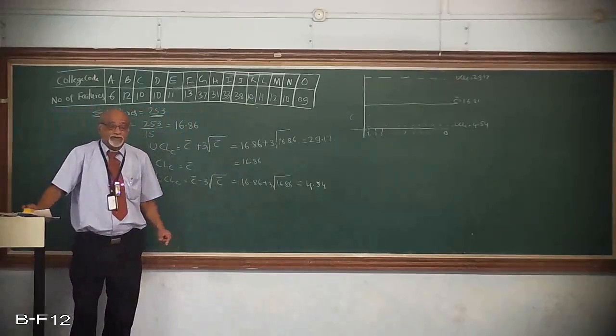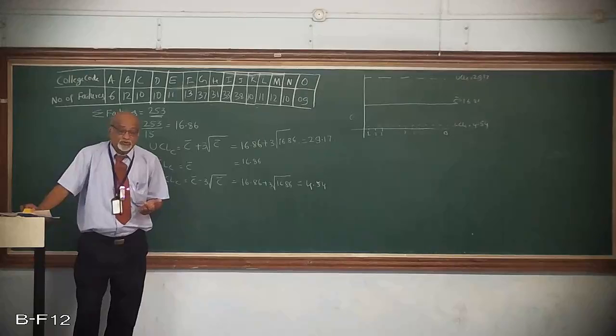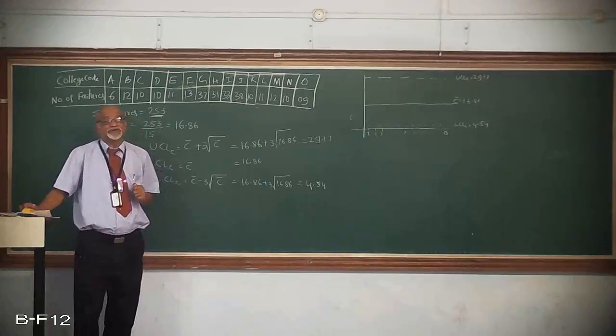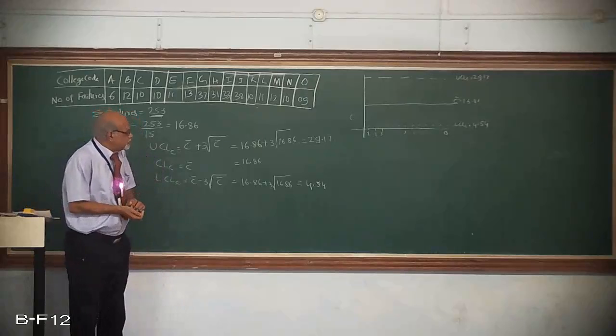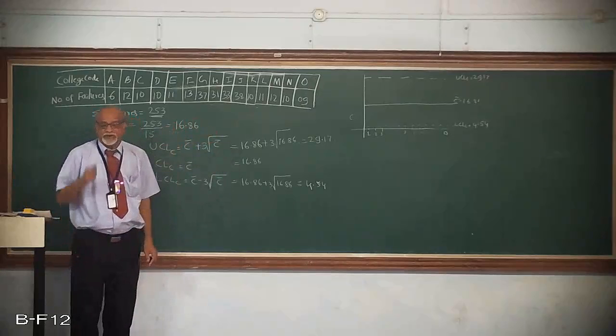And now in the subsequent period, what should be the control limits? Whether we should consider 16.86 only, what is to be done?